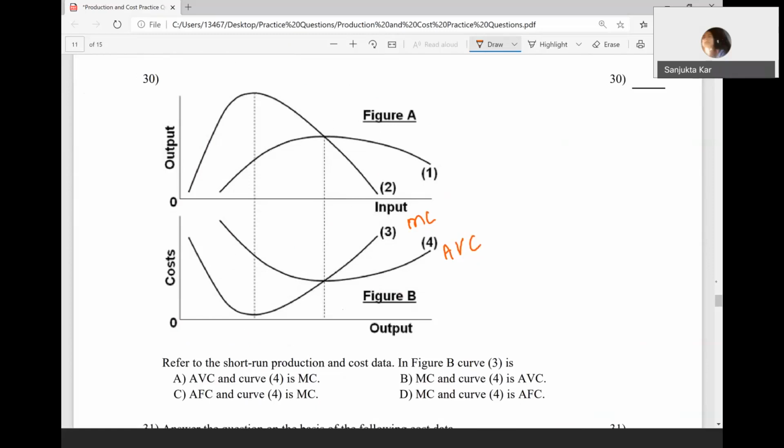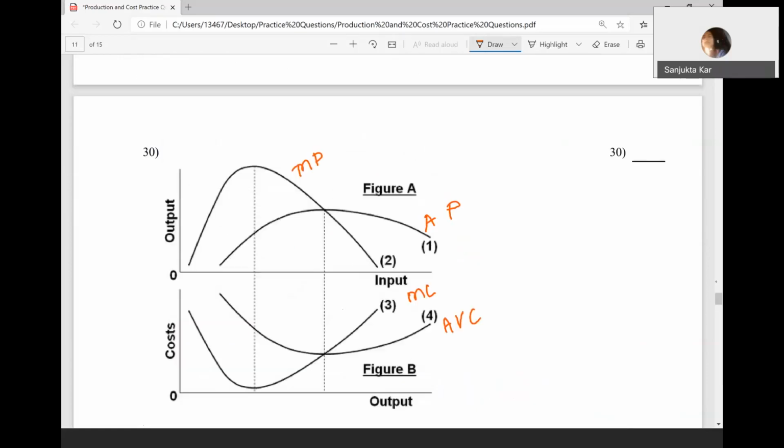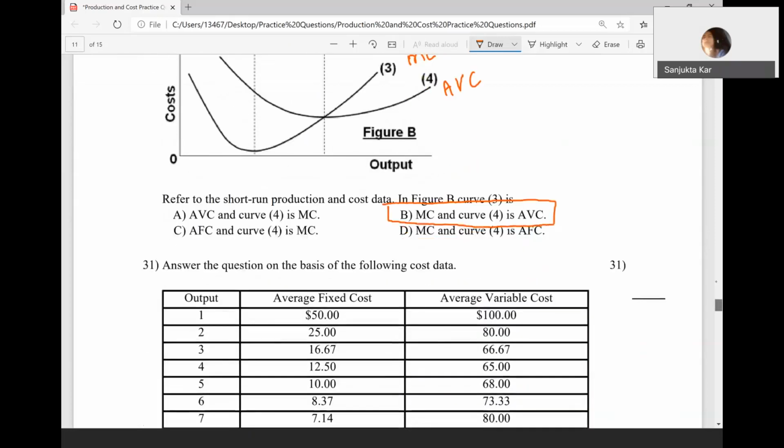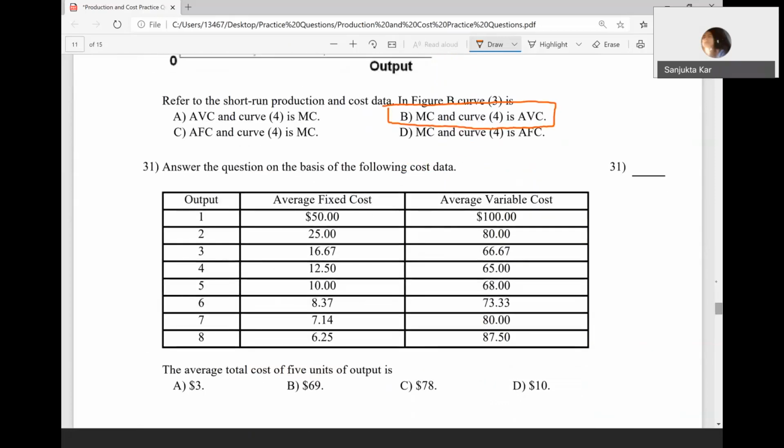Marginal cost and average variable cost. This one is the marginal product. This one is the average product. So question 30, the answer is B here. Take a look at this graph from the PowerPoint and ask questions if you have any.